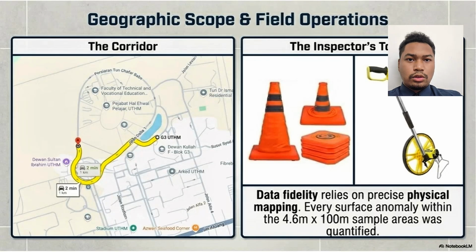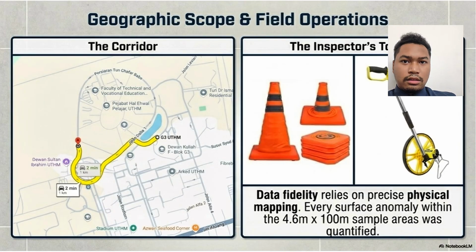The slide shows our geographic scope and field operation. The map on the left shows our exact 1 kilometer inspection route within the campus network.